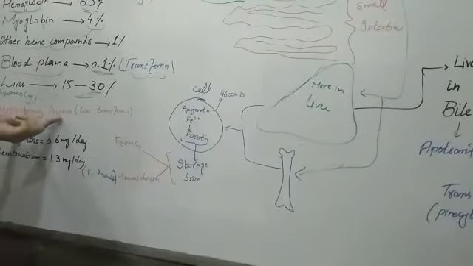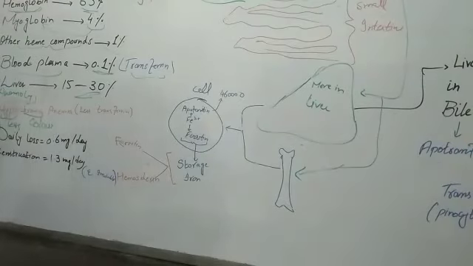This is a form of anemia. Anemia means less hemoglobin inside our RBCs. How does it become less? It becomes less by iron malabsorption. When there is no iron or less iron absorption, there will be hypochromic anemia.